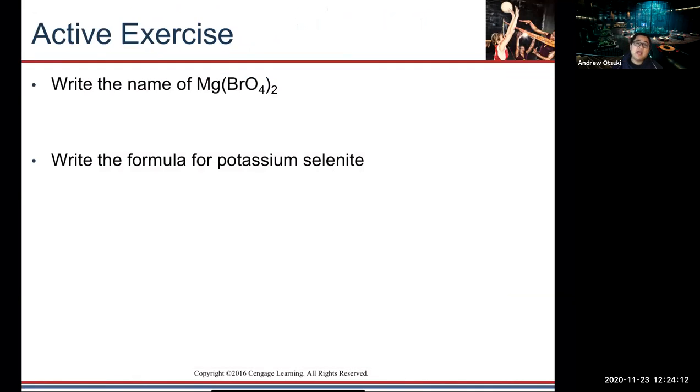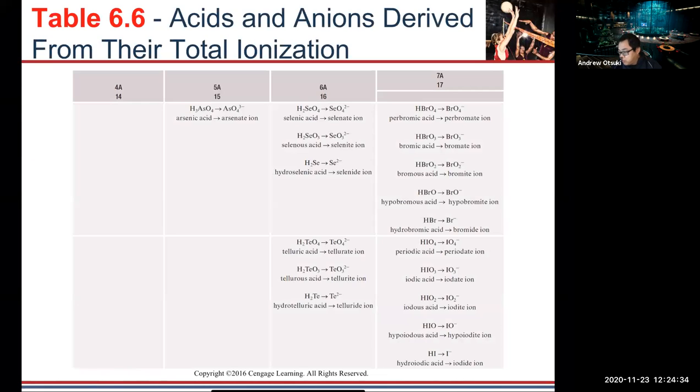Okay, so this will take a lot of practice, and the homework will get you thinking about this. So let's write the name of this species. Mg is magnesium, and we know BrO4. Remember, iodic is IO3 for the halogens, so O4 must be one step above, so that's perbromic. So this comes from perbromic acid. We remove one of the hydrogens from perbromic acid and we get the perbromate ion, BrO4 minus.